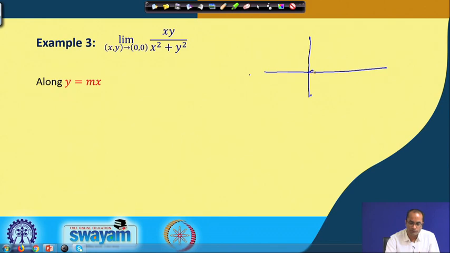So, we are approaching this point along different straight lines. The slopes of these straight lines are different. So, m can take any value and then we are approaching the point (0, 0) along these straight lines.